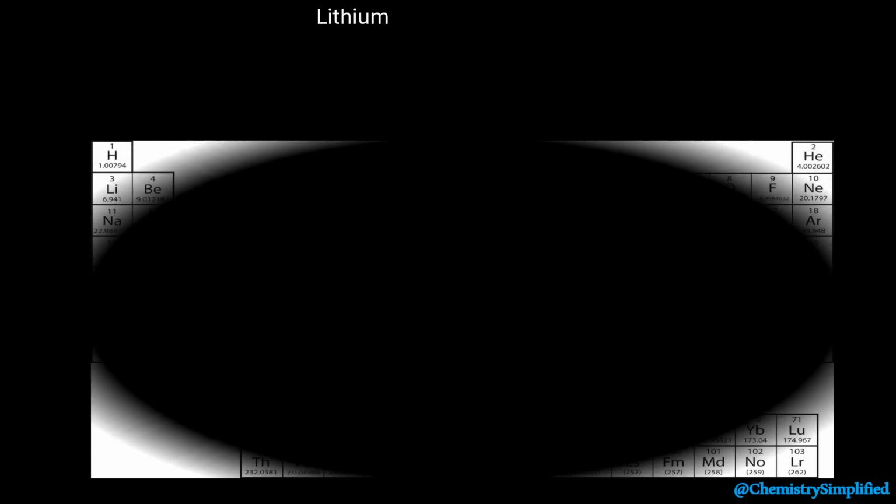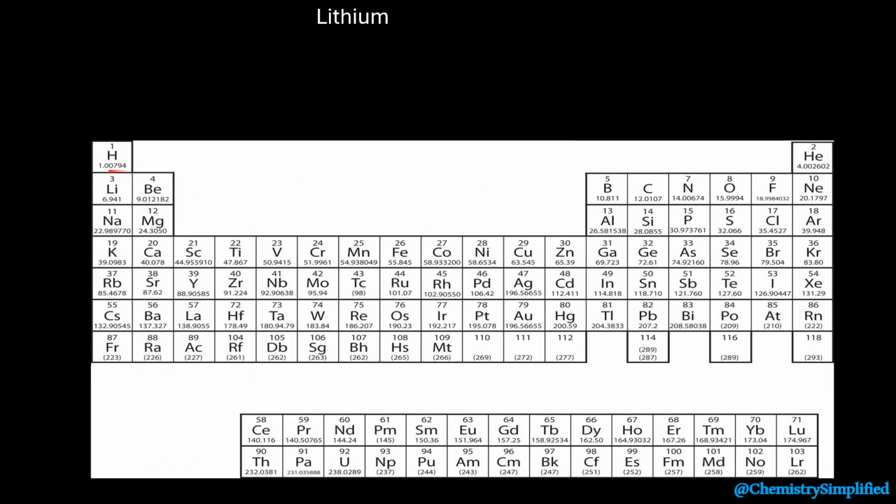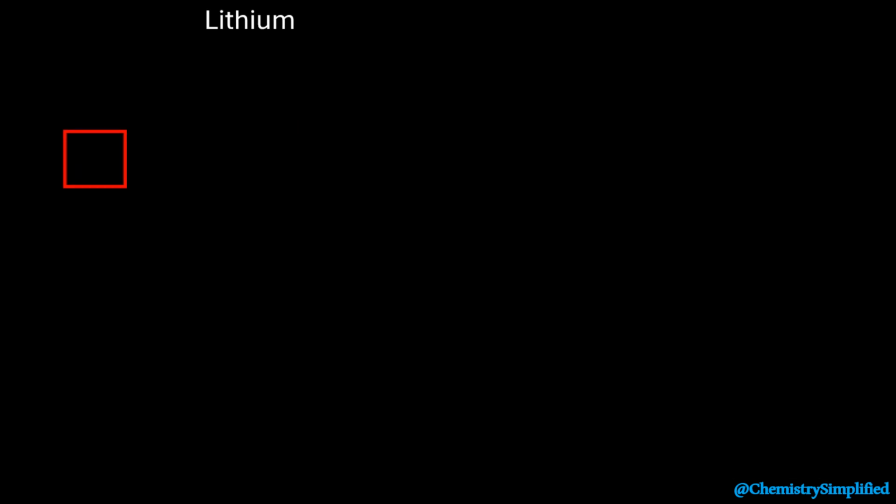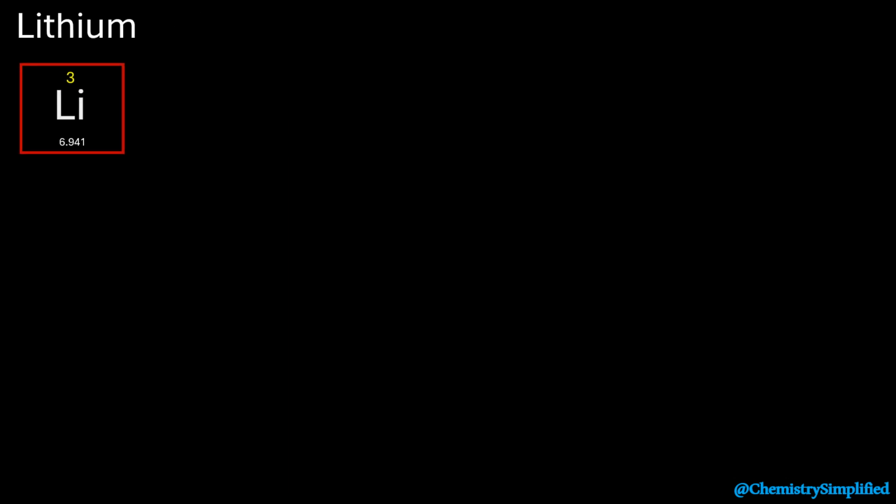Next, let's talk about lithium. There is lithium. It's in group 1A and in period 2, second energy level. The atomic number is 3.